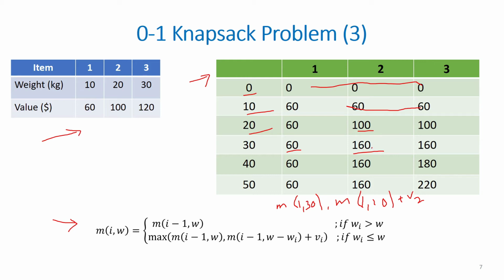So M[2][30] would be equal to $160. We do not select item 3 here because its value is lesser than $160.